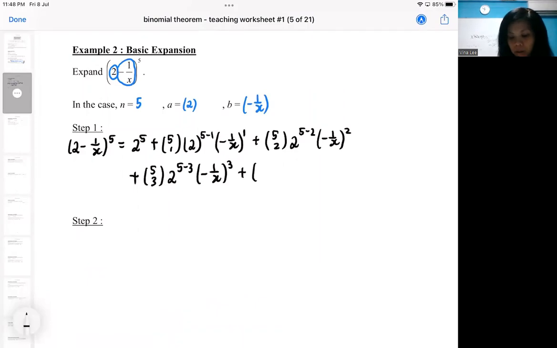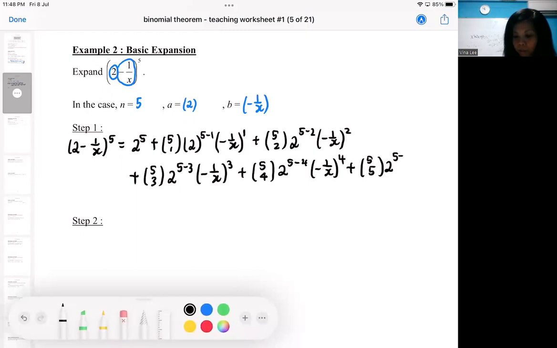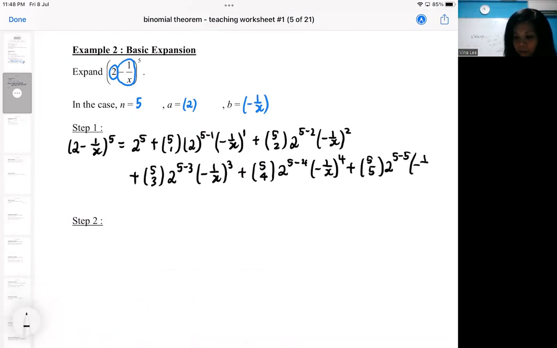So later on, you will see a pattern if you are very careful with your negative term. So we will stop at 5, 5. Okay, I hope it doesn't disappear. Okay, so this is just the writing out.